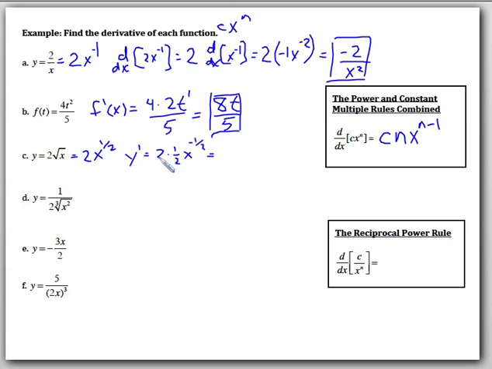Now if we clean this up, 2 times 1/2 is gone. X to the negative 1/2 is going to go in the denominator, and we'll just write it as the square root of x.